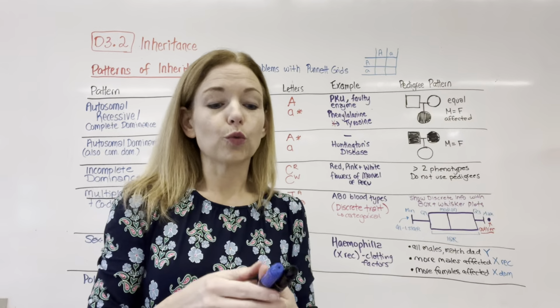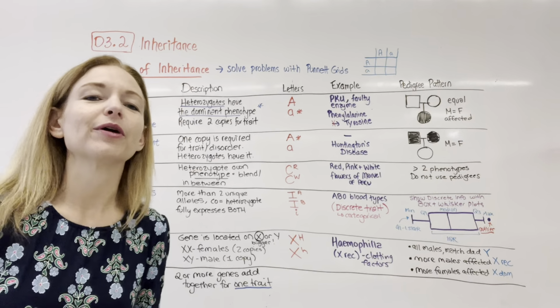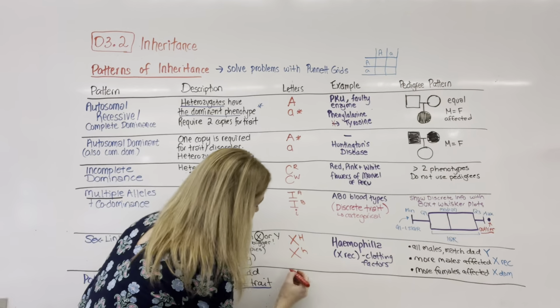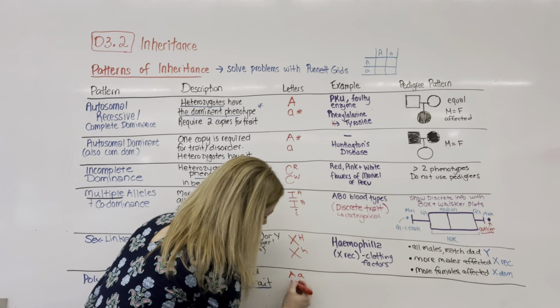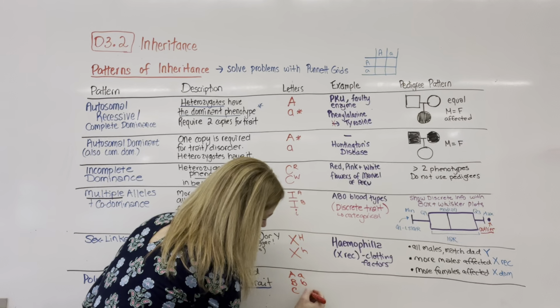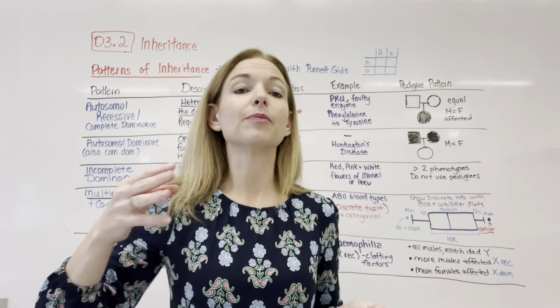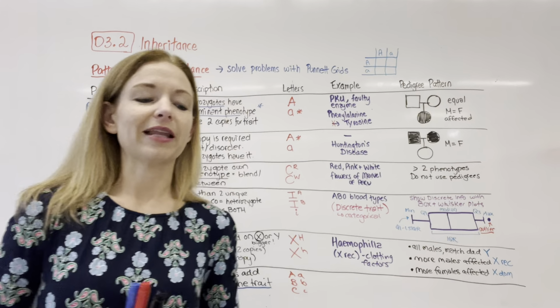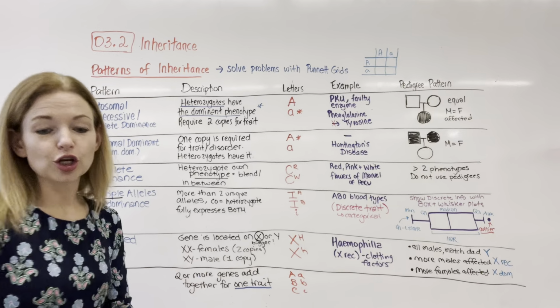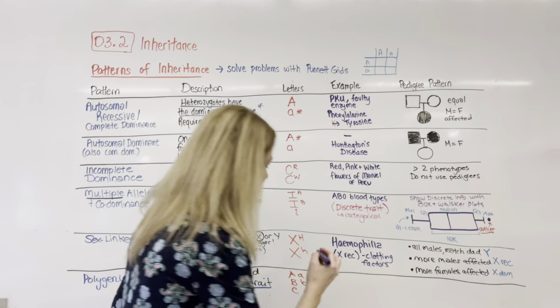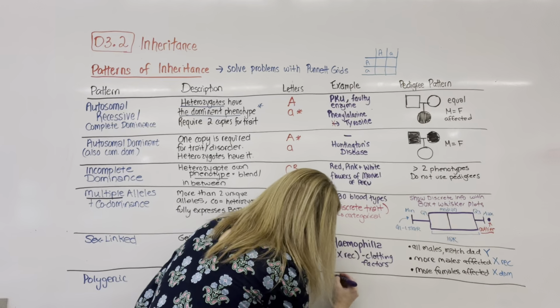You don't really need to worry about notation because you probably won't get a problem with these. But if you were to do this, you would just use different letters for all of the genes, since there are different genes. They do want you to know that skin color in humans is an example.